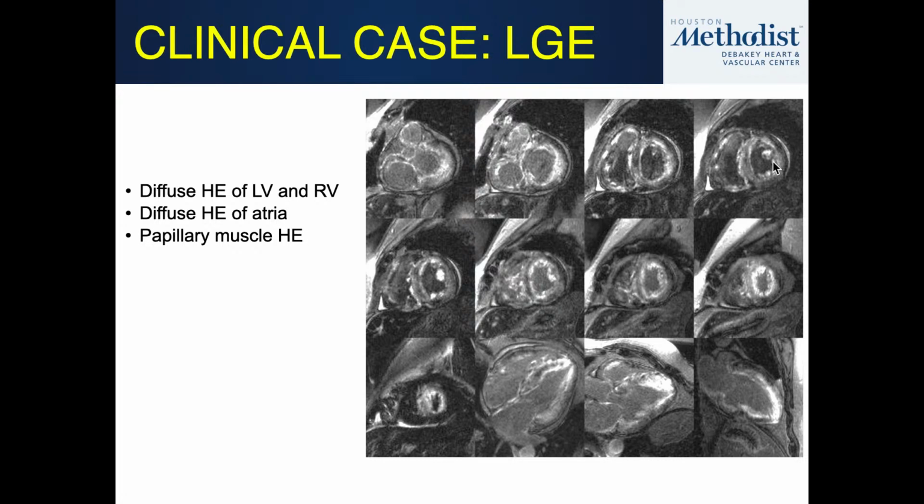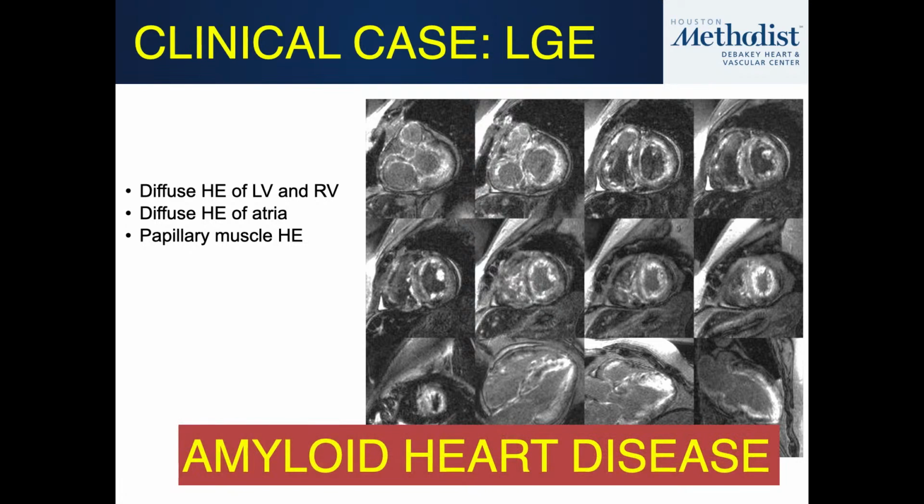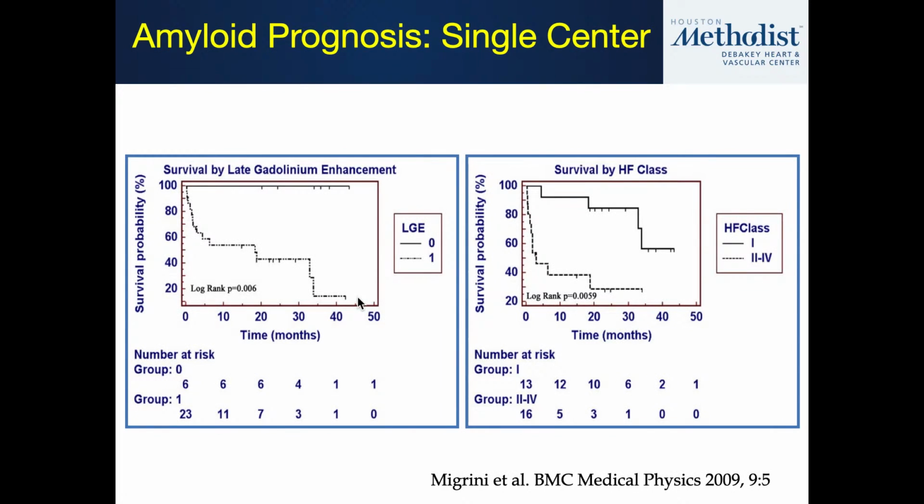Notice if we go back to the LV, the papillary muscles also show significant hyperenhancement. And this is really a classic finding that you see in patients who have amyloid heart disease. And this finding in patients who have known extracardiac amyloid, the presence of cardiac involvement based on late gadolinium enhancement is associated with a worse outcome.